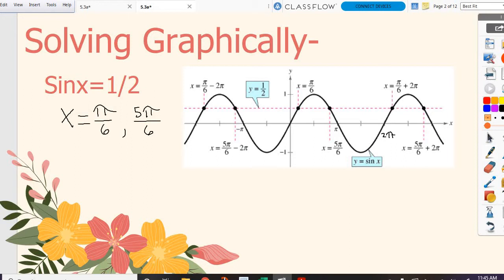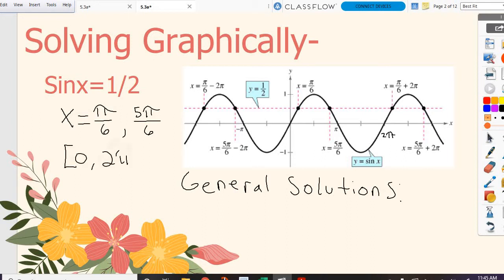So it's helpful if we have a shorthand, which is going to be how we write our general solutions. So if I just ask you to solve between 0 to 2 pi, then these would be your solutions. You would get those. However, if I ask you to solve for all solutions, we have to consider that I get more solutions than that.